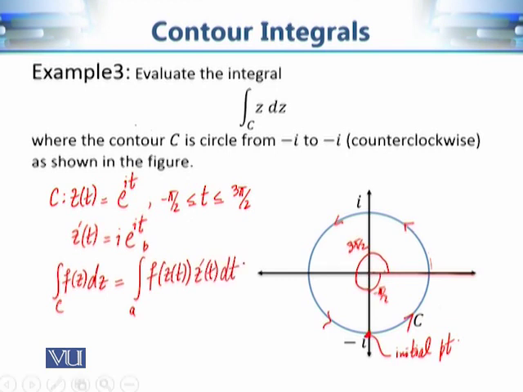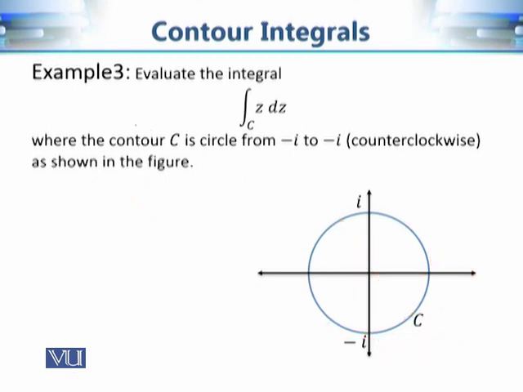Now let's apply this way of evaluating the contour integral, and see how to evaluate the integral of z dz along this circle from minus iota to minus iota counterclockwise. So this is going to be equal to the integral from minus pi by 2 to 3 pi by 2, the initial and final points, of iota e raised to power iota t times e raised to power iota t.